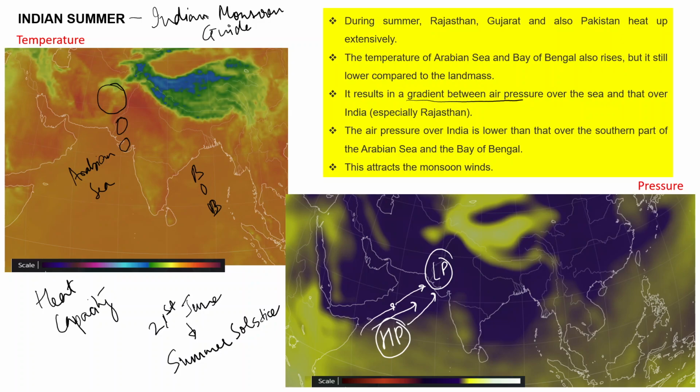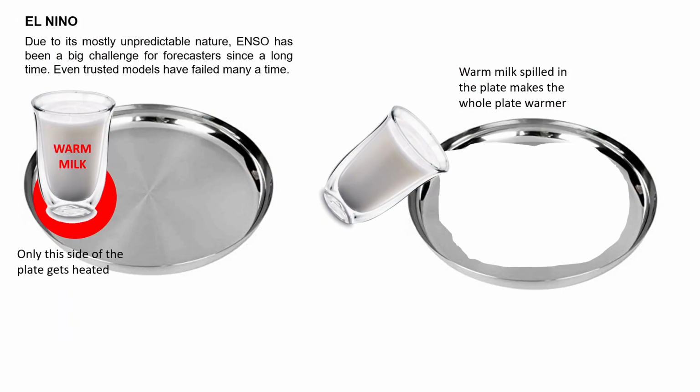So these winds do hit the Himalayan mountain belt, where they are forced to rise up and then they cause rainfall in the Indo-Gangetic Plain region. So the Indian summer is extremely important. It provides the generating heat for the development of the pressure gradient, and then these winds are attracted towards the Indian subcontinent.